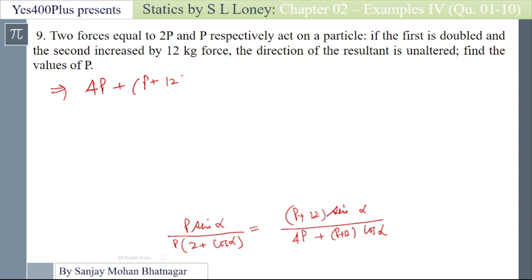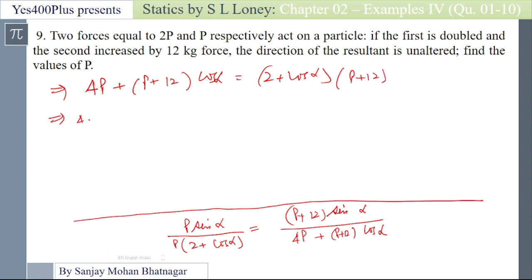cos alpha equal to (2 plus cos alpha) into (p plus 12). So we have 4p plus (p plus 12) cos alpha equal to 2p plus 24 plus (p plus 12) cos alpha.